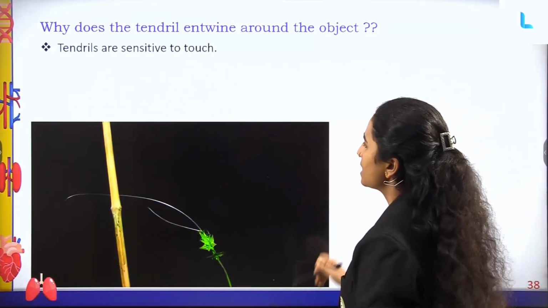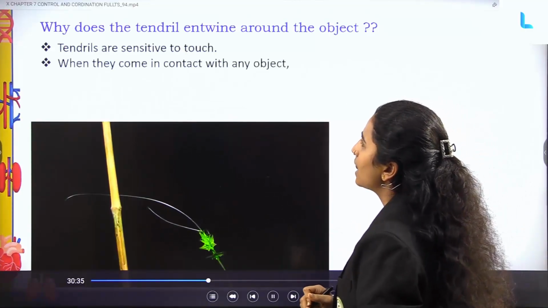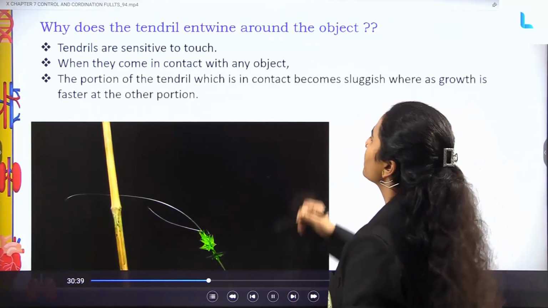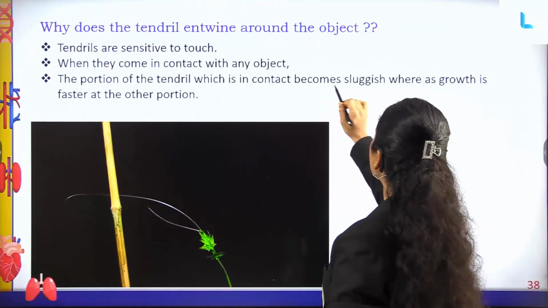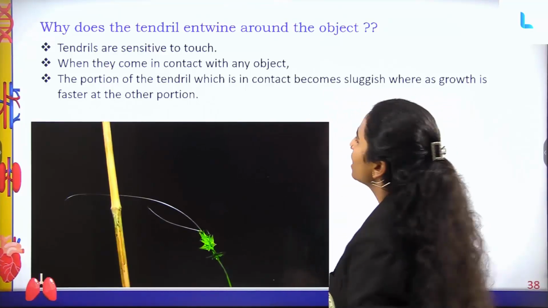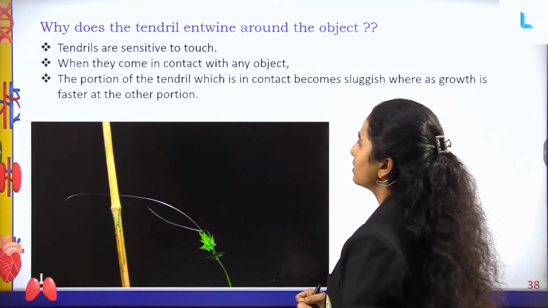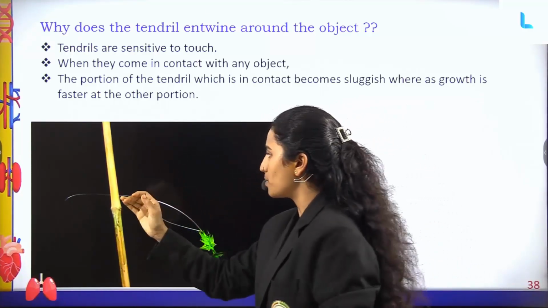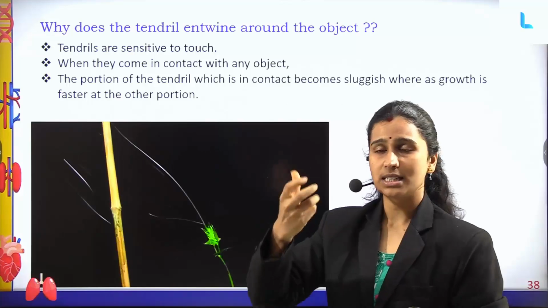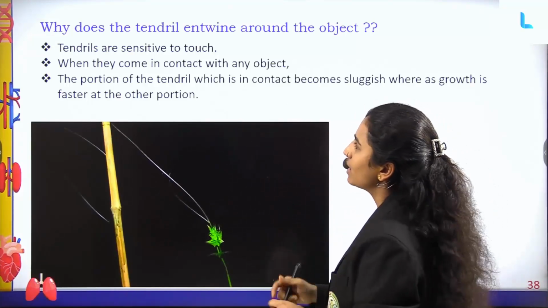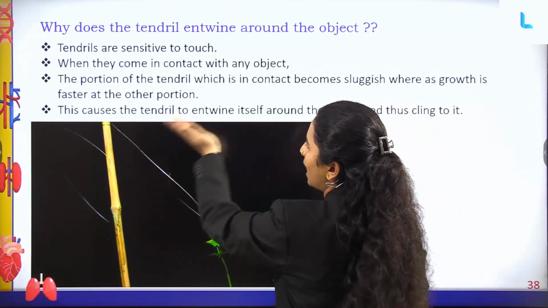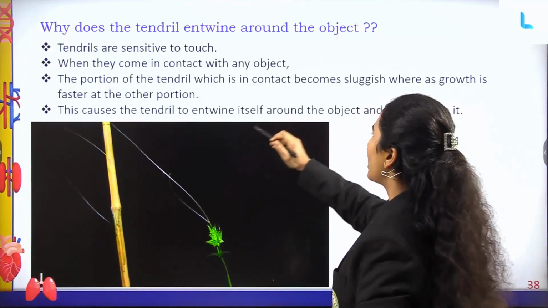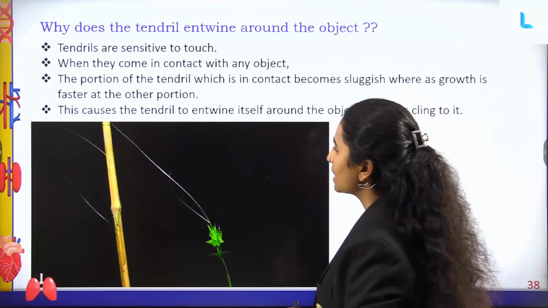The tendrils are very sensitive to touch, and when they come in contact with any objects, what will happen? The portion of the tendril which is in contact will become sluggish and they will grow faster at the other portion. So this is what causes the tendril to entwine itself around the object, thus clinging to it.